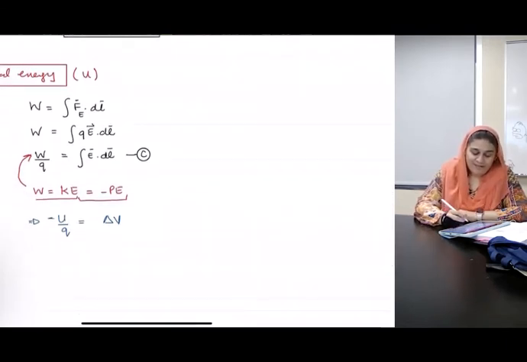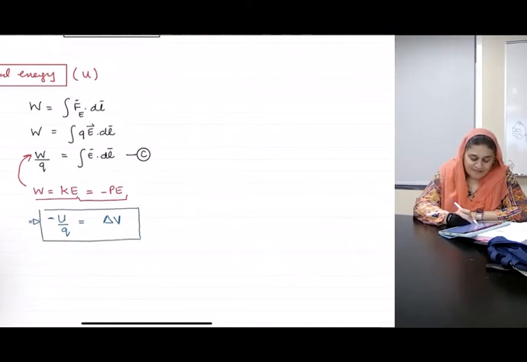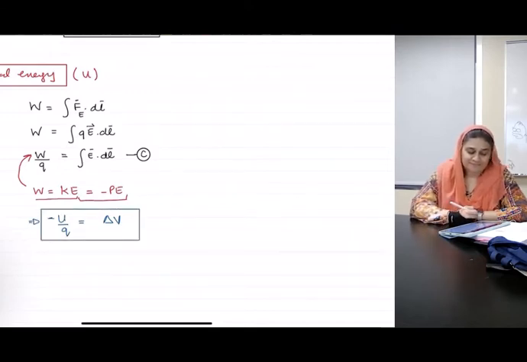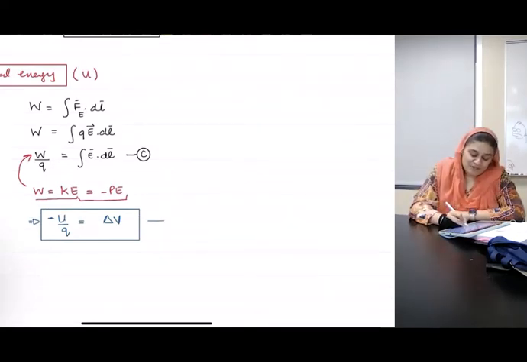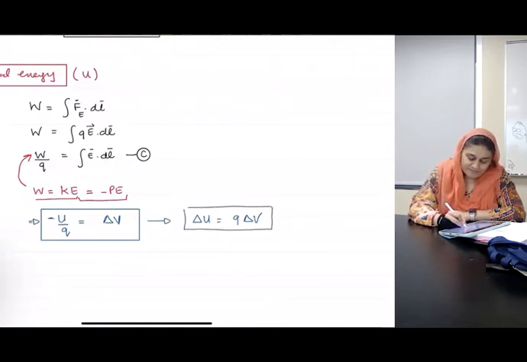So the relationship between U and V, drum roll, is given as that. And in textbooks, you will find this written as delta U equals Q delta V. You'll see this written as that, or even simply U equals QV.